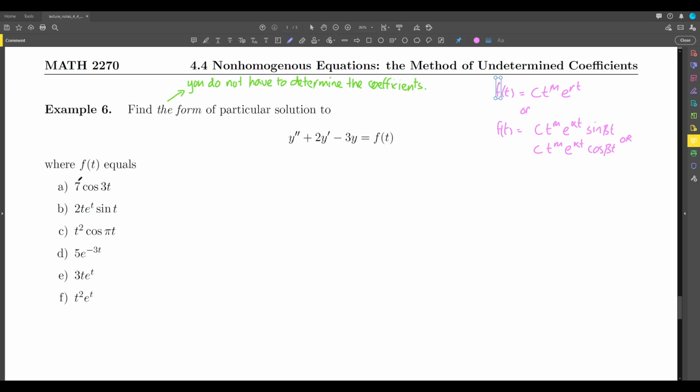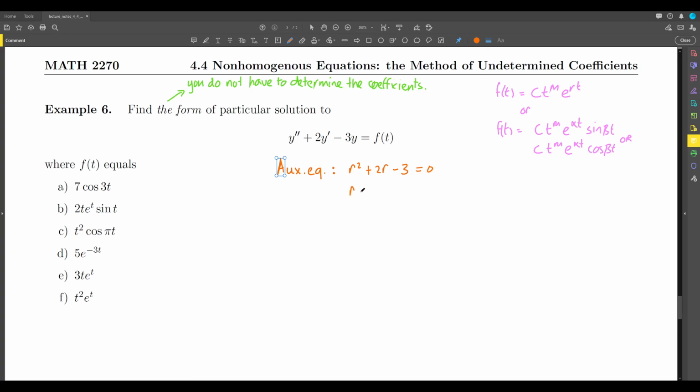So let's also take a look at the homogeneous version of this differential equation, because the solution depends in part on what the roots of the auxiliary equation are. So for this differential equation, we know that the auxiliary equation is r squared plus 2r minus 3 equals 0.